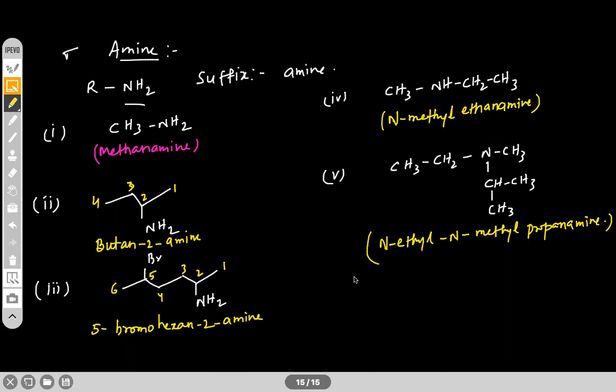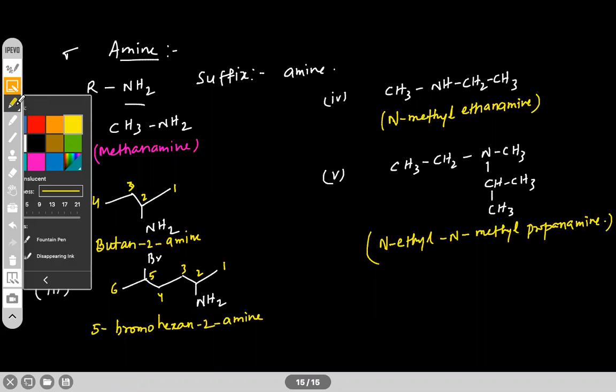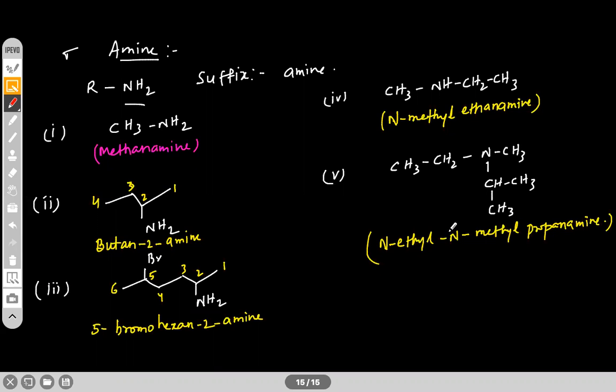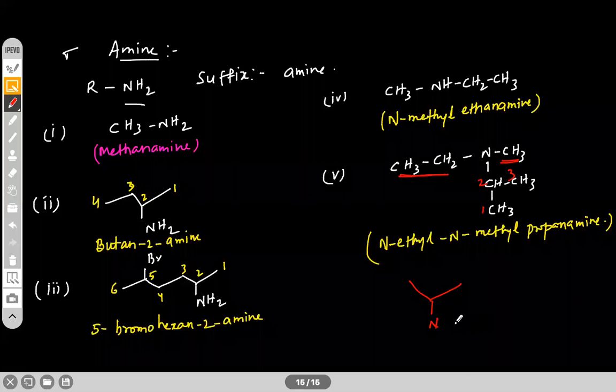Yes, what happened in the fifth one, Ruchita? See, in the fifth one, the longest chain is this. 1, 2, 3. Here we have only one carbon. Here we have one methyl group. So if I draw the same molecule this way, then you won't have any doubt.